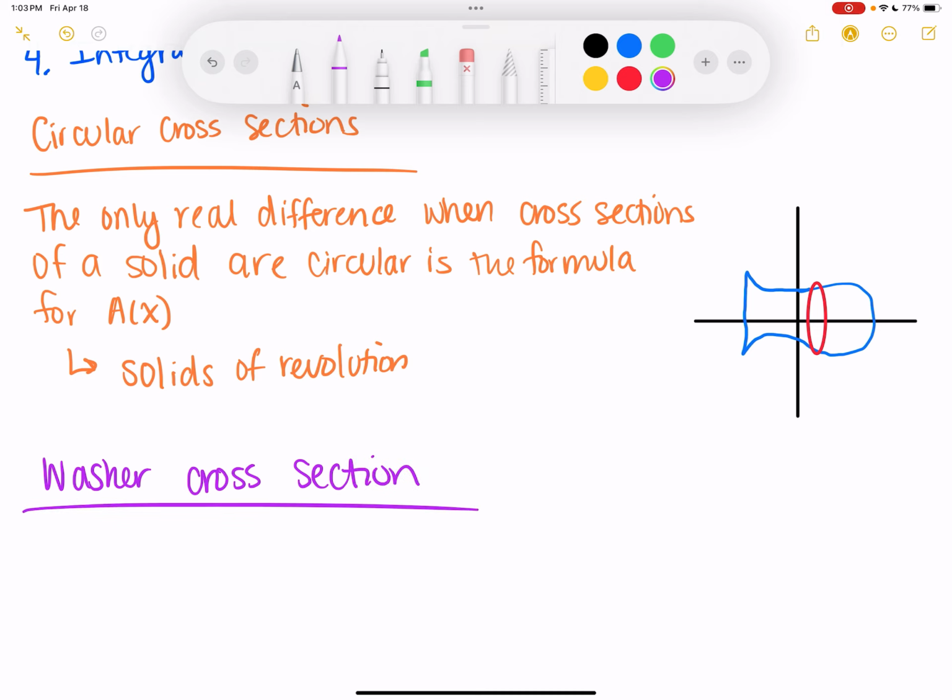So the washer cross section. The area of a washer is pi R squared, that's big R squared, minus pi little r squared.